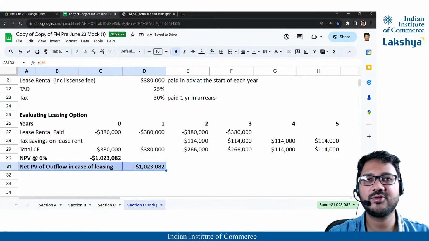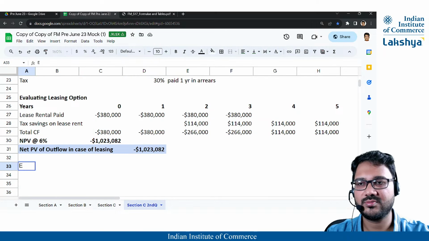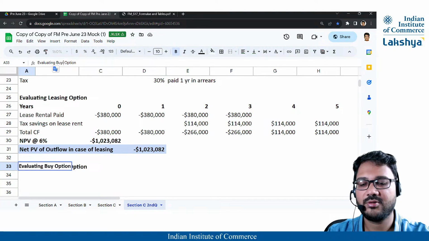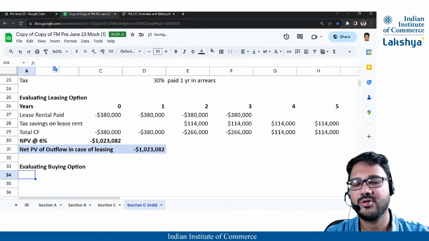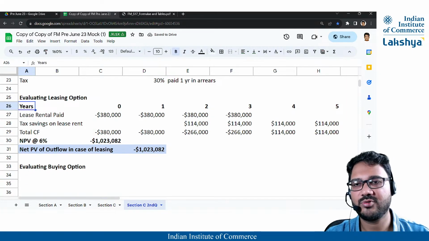Now we can do evaluating our purchase of the asset. Let me just copy this. Evaluating buying options. If you are buying the asset, what's going to happen?